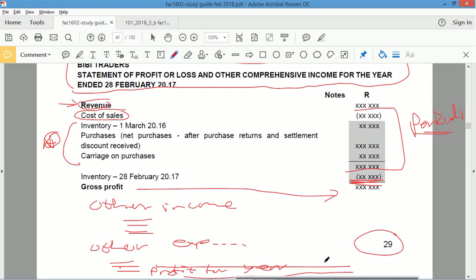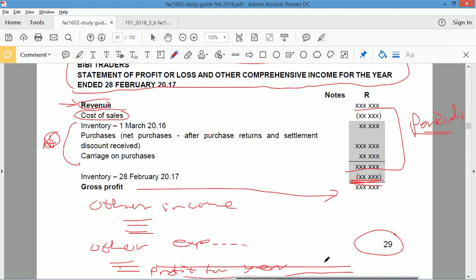So we can even add a bit more there. Just give me some examples of other income. Rent income, that could be one example that would fall underneath that. What else? Salary? No, salaries would be an expense for a business. So under other expenses, you could write salaries and wages.